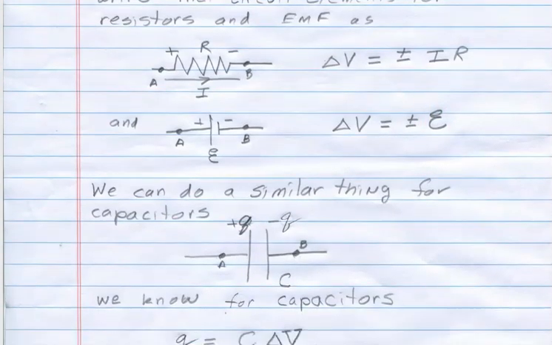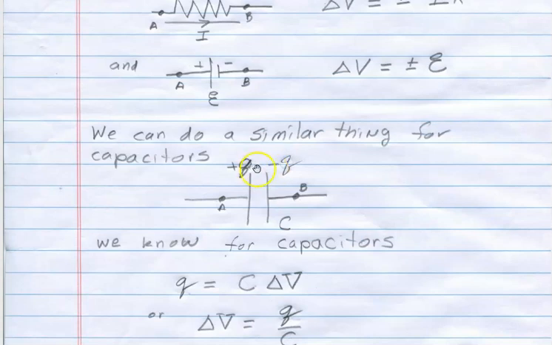We can do a similar kind of detailed analysis for capacitors. In general, the charge on the capacitor may vary with time, and so I'm going to start using little q for the most part whenever I'm looking at a time-varying charge on the plates. But remember, it's a capacitor, so it has equal and opposite charges on the two plates.